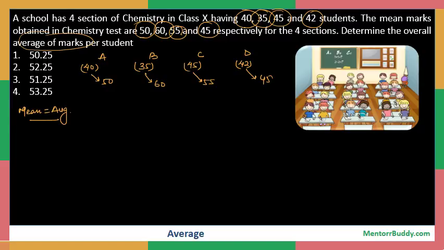So for that, to calculate the overall average, we need the sum of marks of the students from all four sections divided by the number of students of all the four sections.